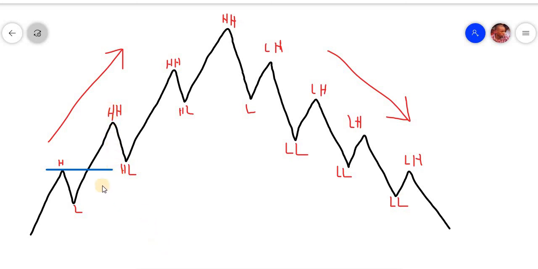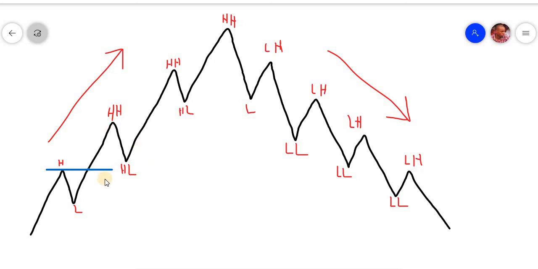Otherwise, we may be seeing some kind of movement like this, and we call it a ranging market. Okay, so I believe that concept is very clear. An uptrend continues when a new higher high is formed, that is, when the most recent swing high is broken to the upside. I think that is clear.